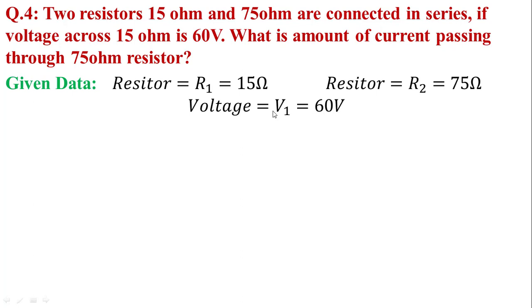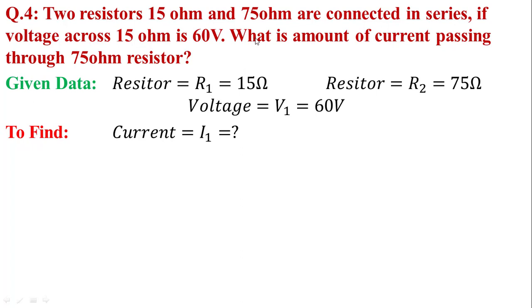Here 60 volt is the voltage across the resistance R1 of 15 ohm. Now we can find the current passing through the 75 ohm resistor.